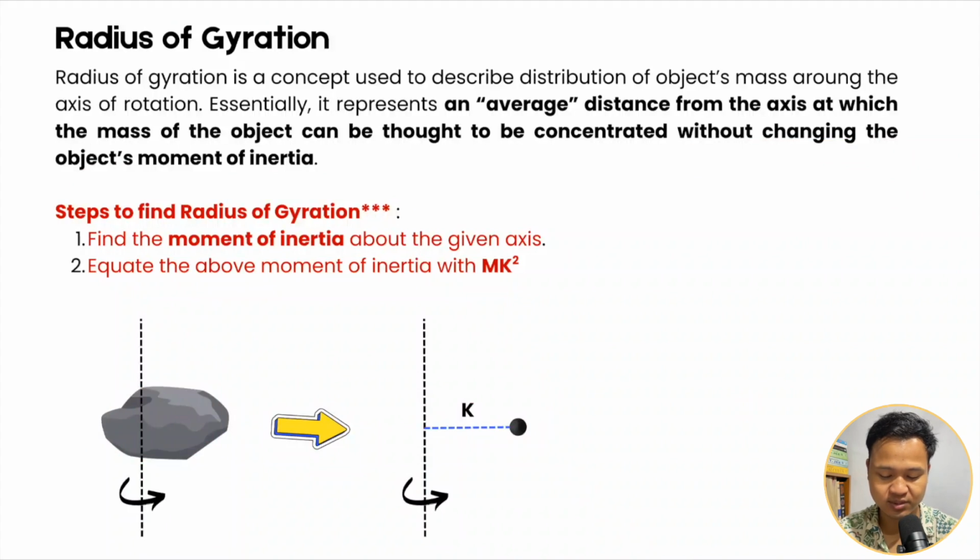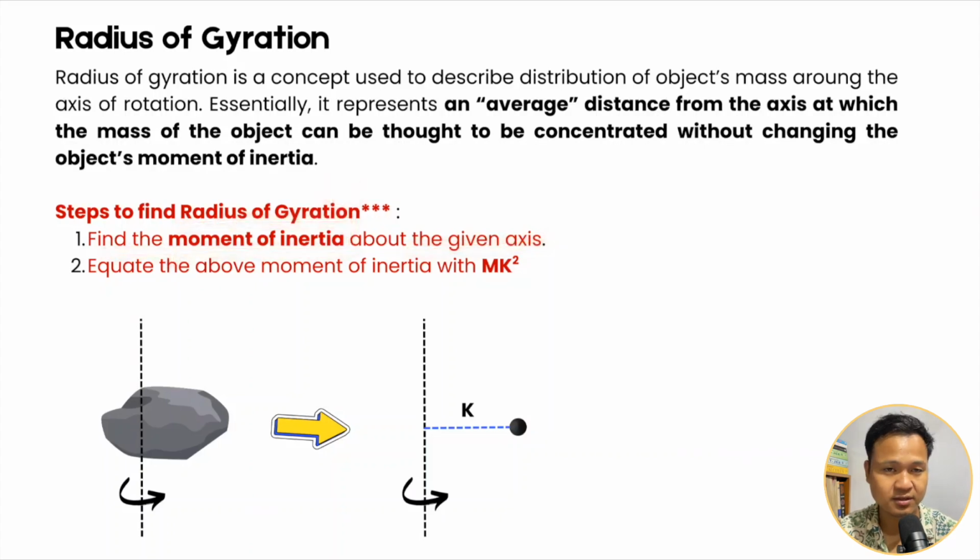Simply put, how to find radius of gyration. Okay, so that is very important. Step number 1: about the given axis, find the radius of gyration of this object about this axis. So about the given axis you have to find out the moment of inertia.